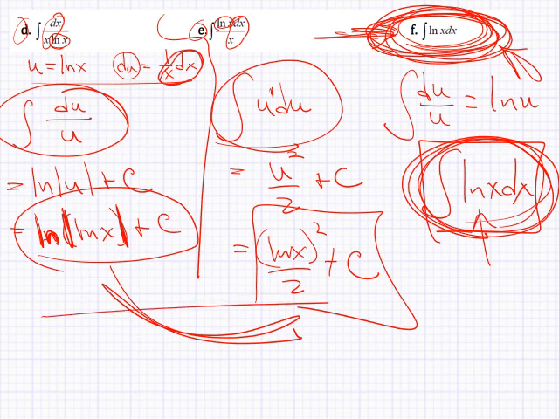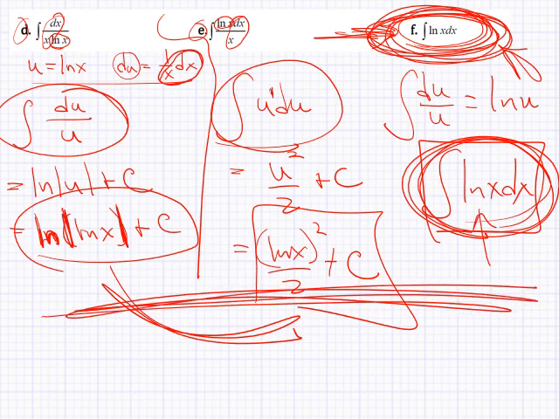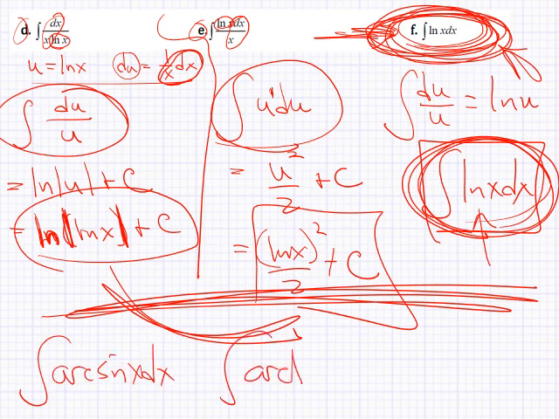Think about some other basic functions we haven't integrated yet. We haven't done the integral of, say, arcsine. We haven't done the integral of arctan or arcsecant. You might say, well, we just got done doing that.